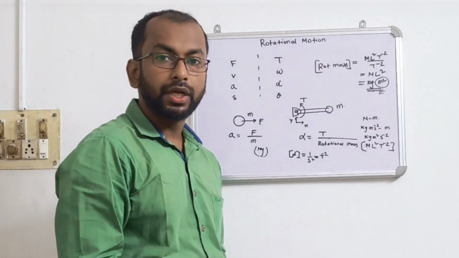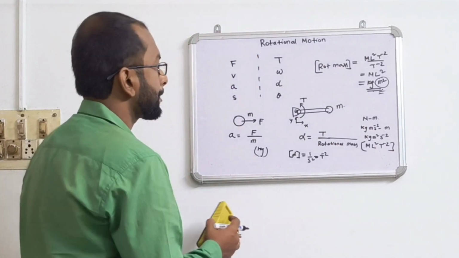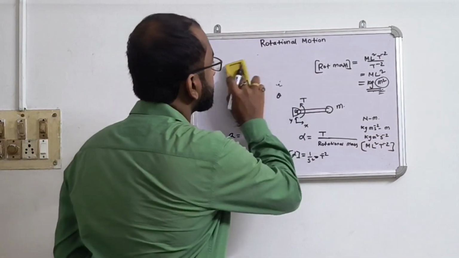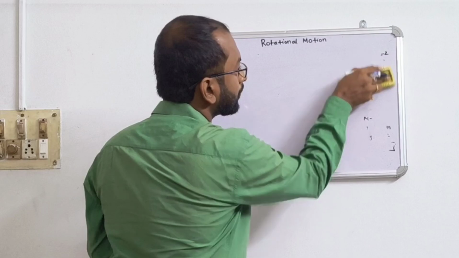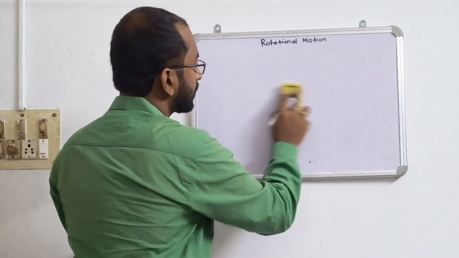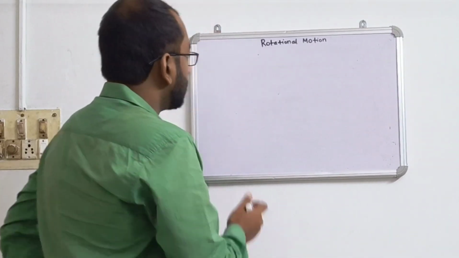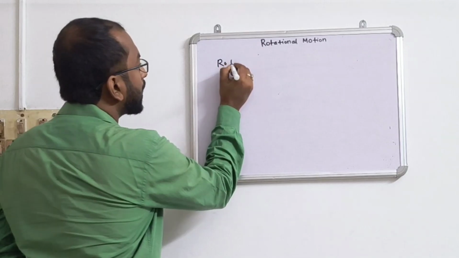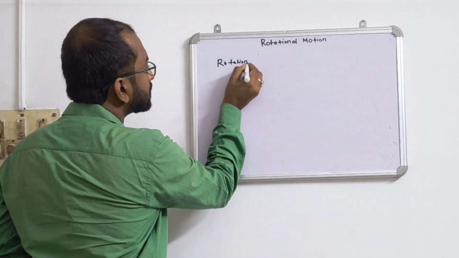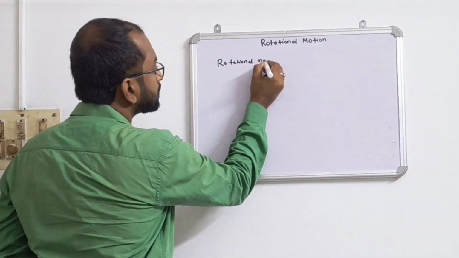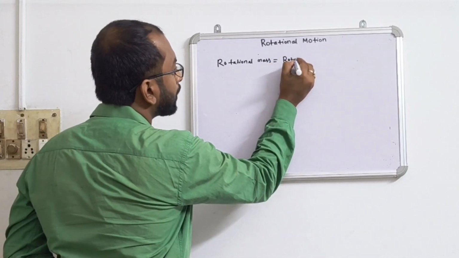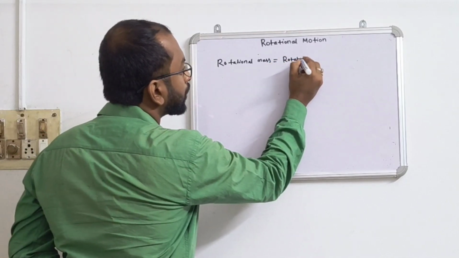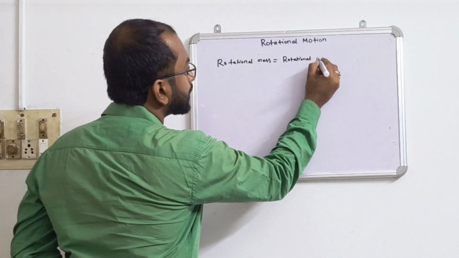Now let us understand it in a better way. So we got to know that rotational mass is also a kind of rotational inertial property.